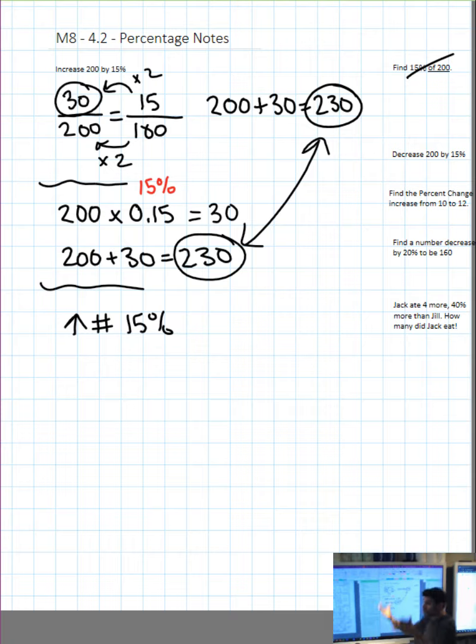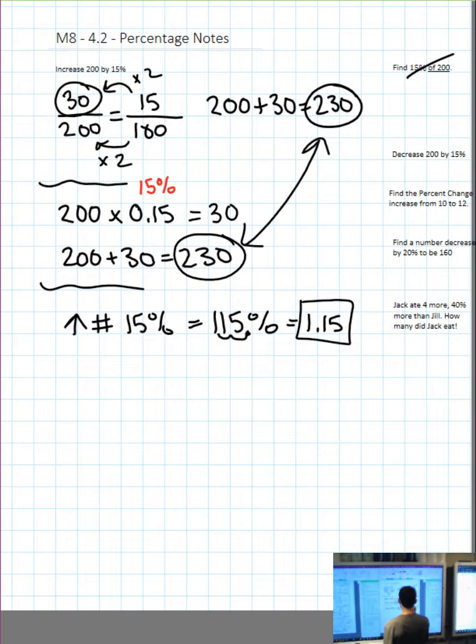If I increase it by 15%, I'm going to have 115%. What's 115% as a decimal? Well, I'm just going to divide it by 100 or move the decimal back twice, which is equal to 1.15. Now, this is called the multiplier. It's always going to be 1 plus or minus the rate as a decimal. So 1.15 is the multiplier.